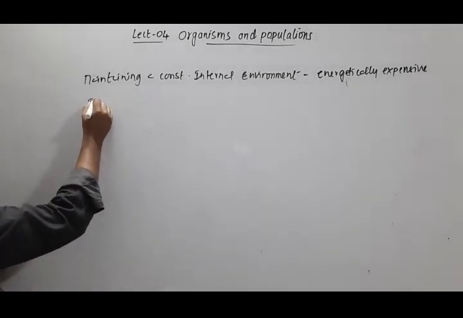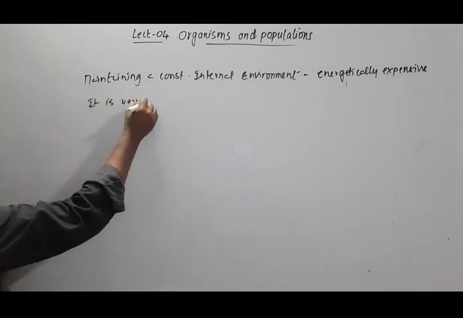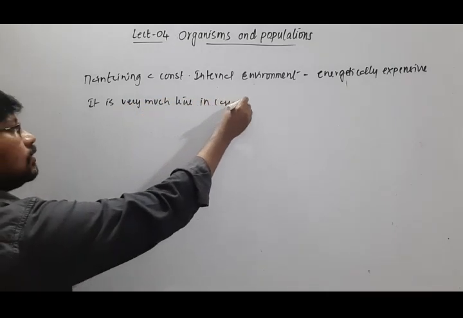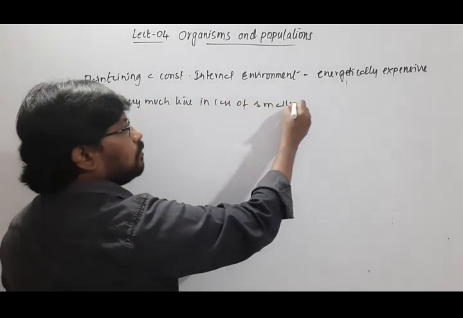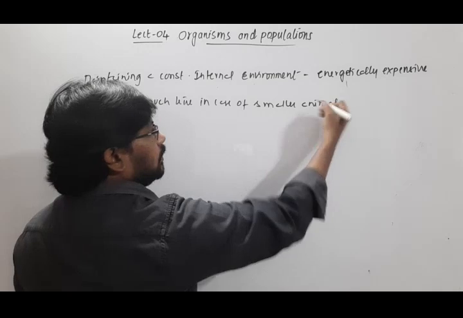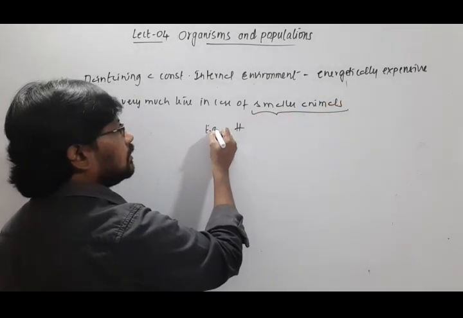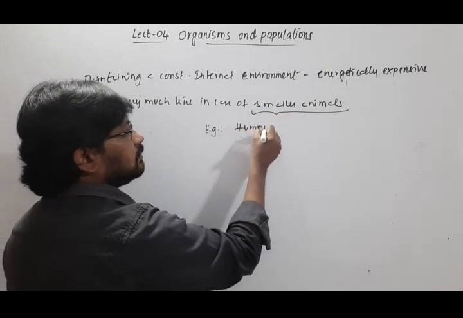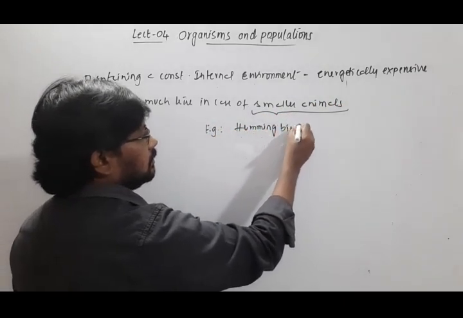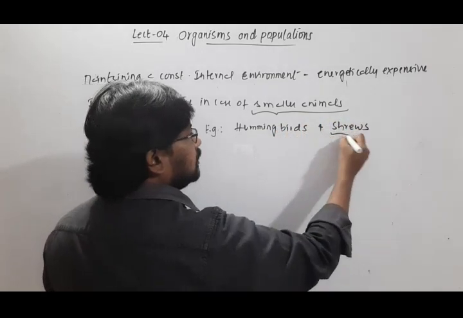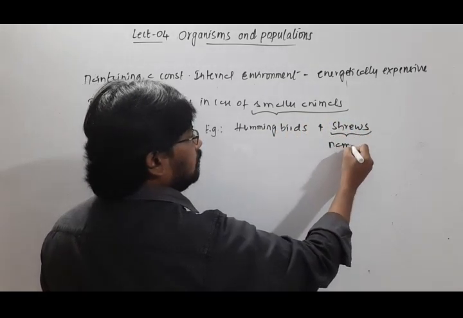As I said, this is very much true in the case of smaller animals, like hummingbirds and sheep. These sheep are mammals.